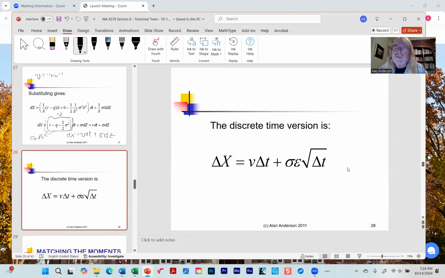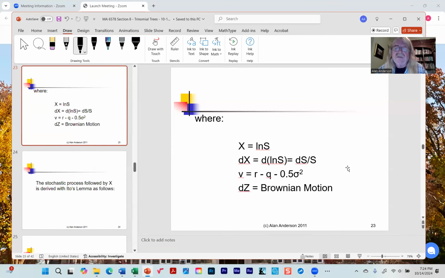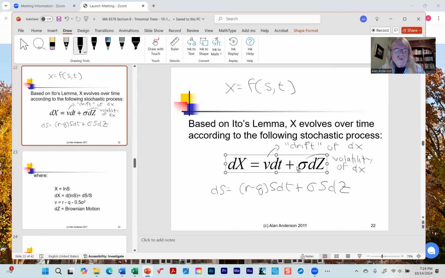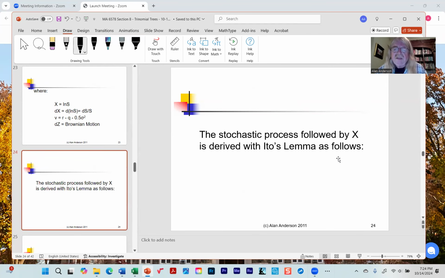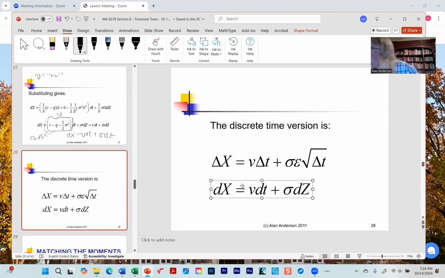And so now the discrete time version of this is exactly what you would have expected based on what we saw earlier. And this is what would get implemented on the tree if you choose to follow the log of x. By the way, if you do choose to follow the log of x, at the end you have to convert it back, because you're going to wind up with something like this. The call price is, let's say, natural log of 2.7 or whatever.